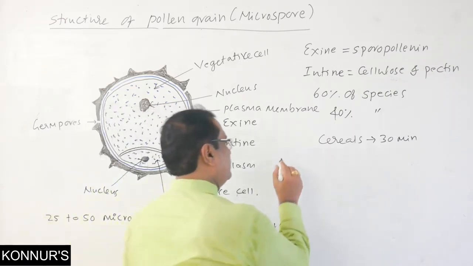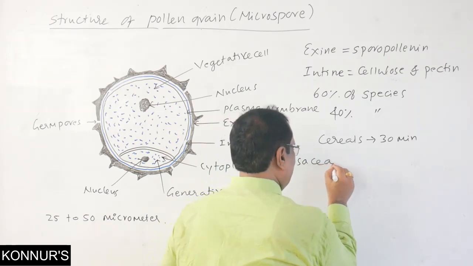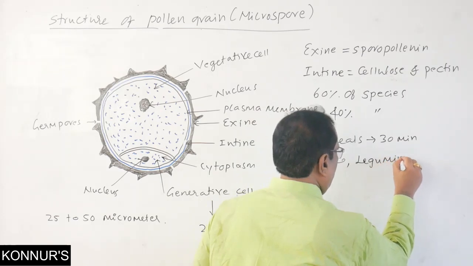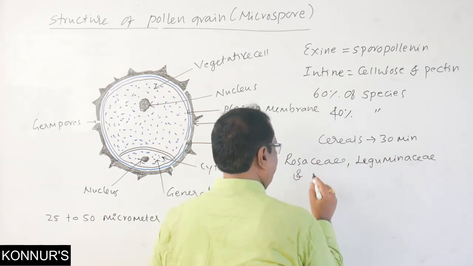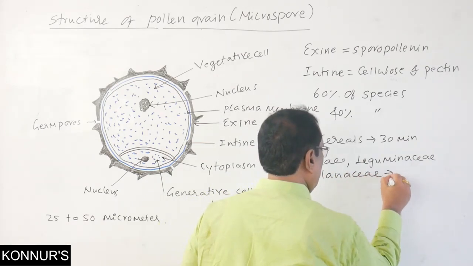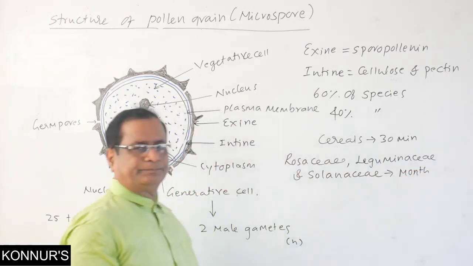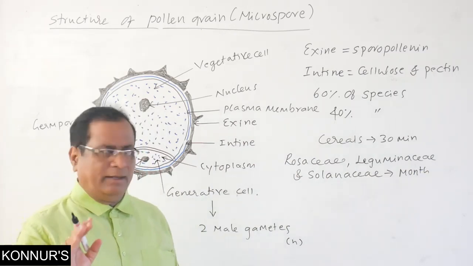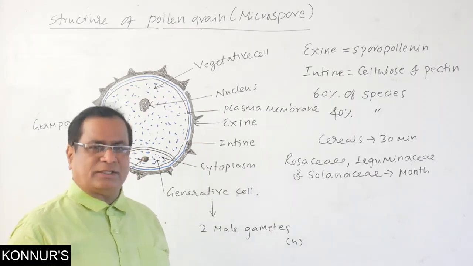But in case of the members of Rosaceae, Leguminaceae and Solanaceae, they can survive for a month. They will remain alive for about 1 month as well.